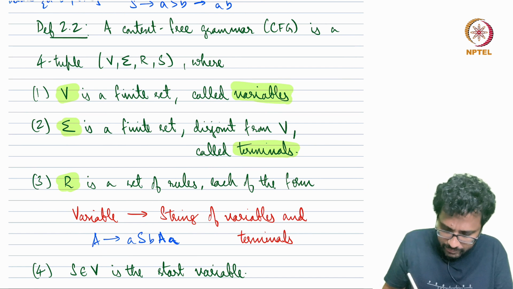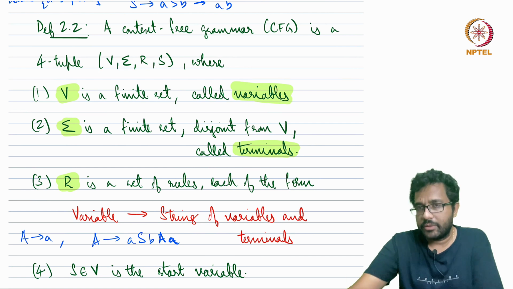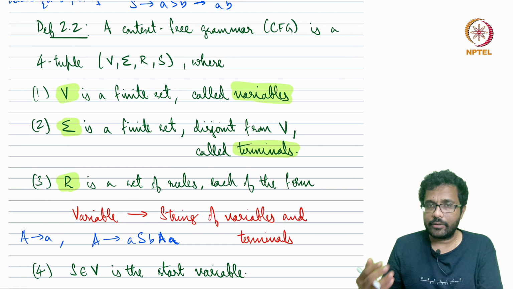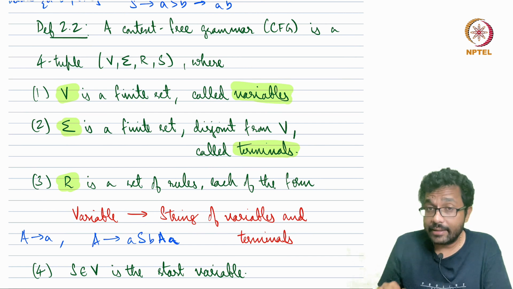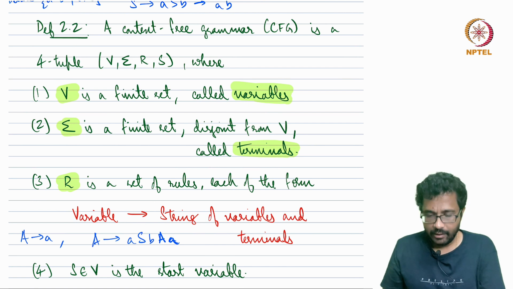It could even be something like A giving small a. That's also a rule. The string could be a very short string. So R is a set of rules, and what I've written here is just 2 separate rules.